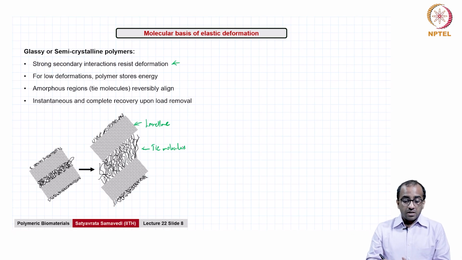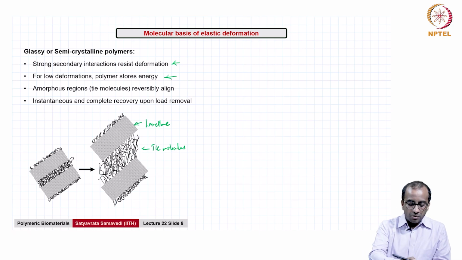What we are showing here is for very low deformations, like we said, the polymer stores energy, and that is the elastic regime that we just talked about. But when you mechanically test a semi-crystalline polymer like this, for low deformations, primarily what you are doing here is you are largely affecting the amorphous tie molecules.